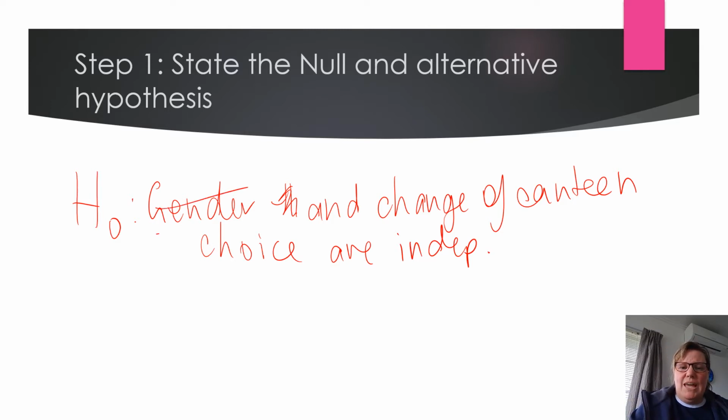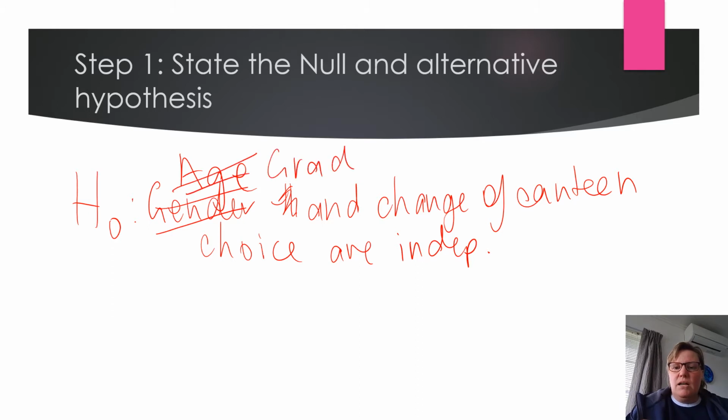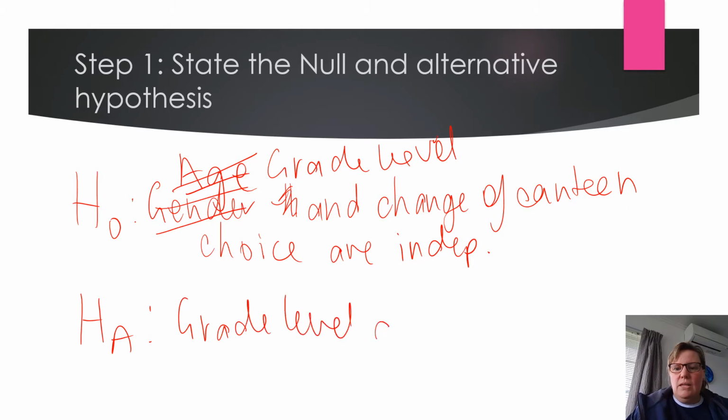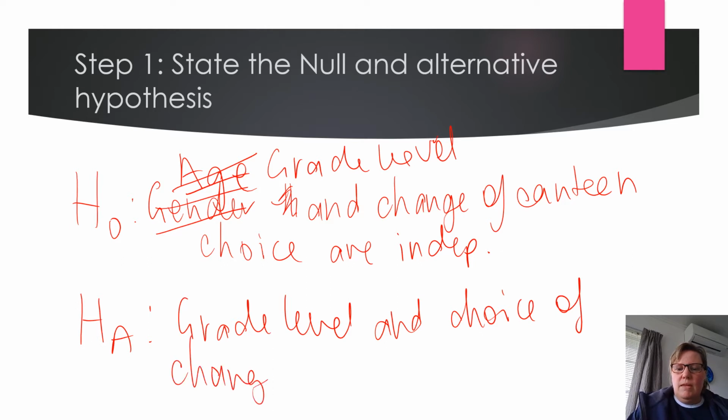What am I talking about? Age. Sorry. Grade, and it's not even grade age, is it? It's grade level. Okay, I'm not even going to go back and do that again. You know what I'm doing. And HA is that the grade level and choice of change in canteen are dependent.